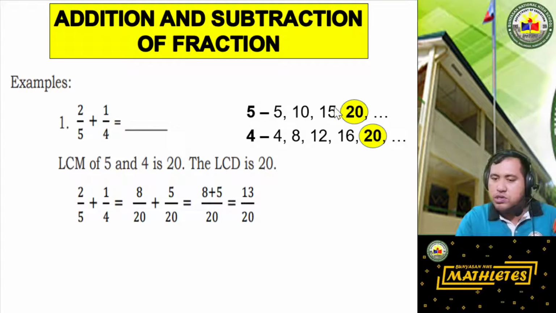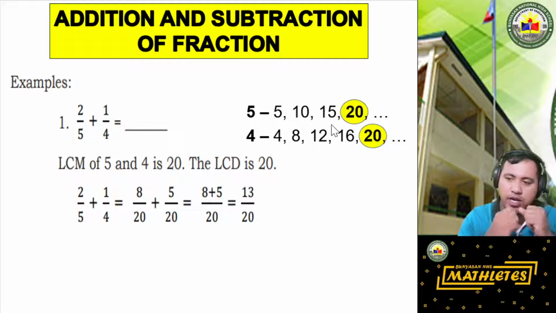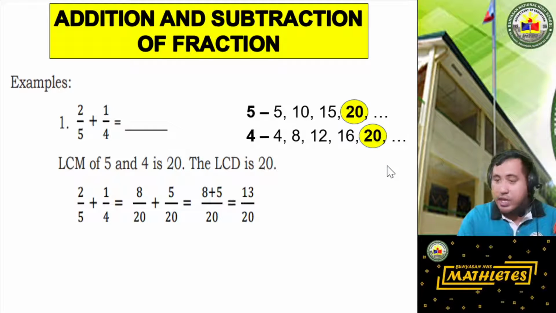So, magkapareho sila sa 20. Both numbers have 20 in common. Meron pa yung number na pareho sila. Pero yung least common, yung pinakamaliit na numero na kung saan pareho sila, ay 20. Diba? 20 pareho 20. So, therefore, the LCM is 20.